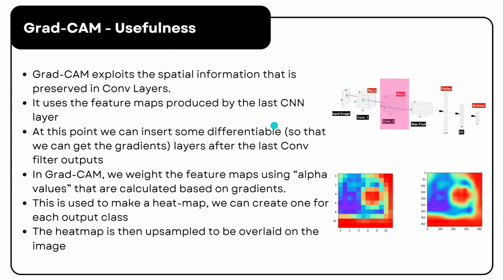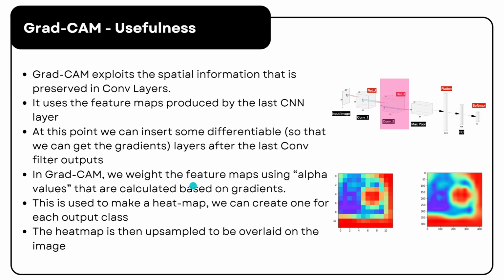GradCam then calculates the weights, called the alpha values, by taking the gradients of the output with respect to the feature maps. These alpha values essentially capture how important each feature map is for a particular class.